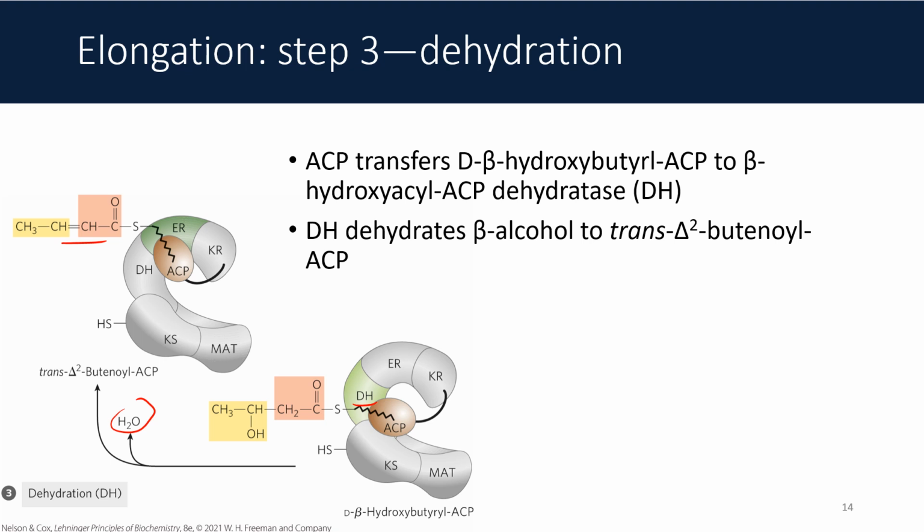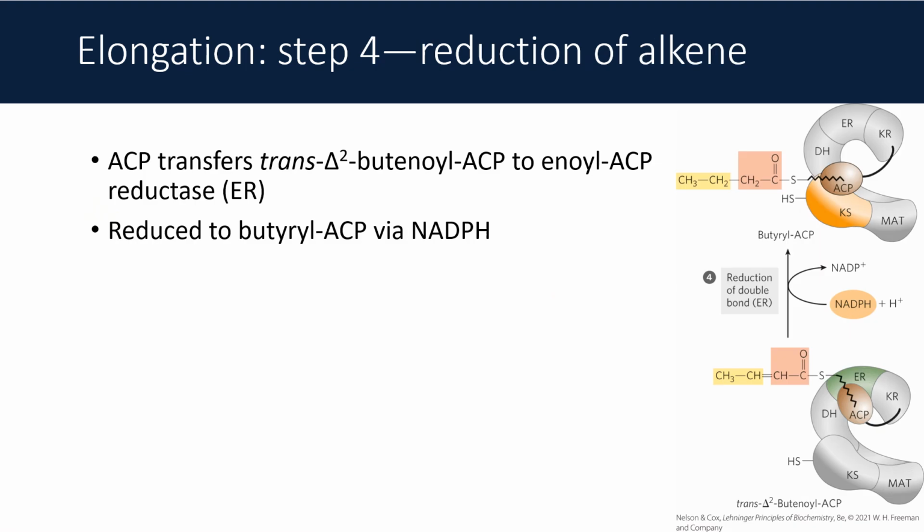We have now fully removed that oxygen from the beta position. All we have to do now is break and hydrogenate that double bond, and we will have effectively converted the yellow portion of this growing fatty acid into a saturated hydrocarbon.